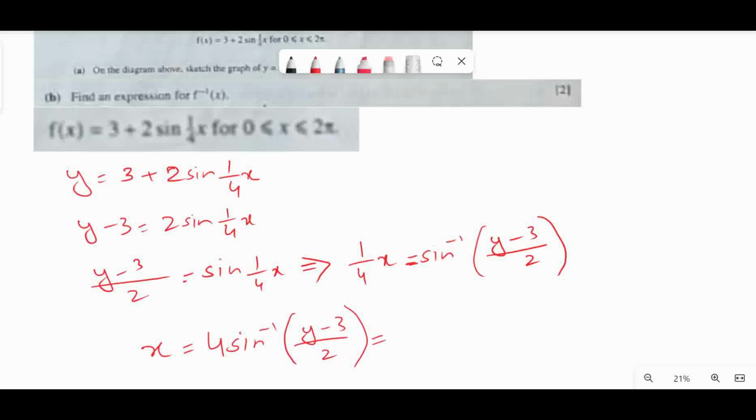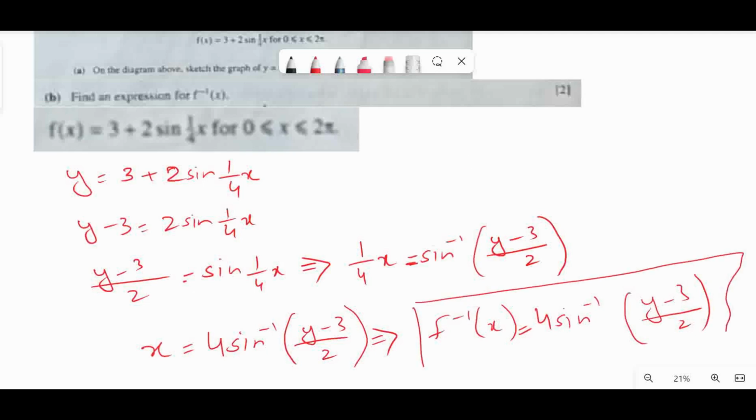So our final answer will be f inverse of x equals 4 sine inverse of y minus 3, whole divided by 2. So this will be the final answer. I hope that the concept is clear.